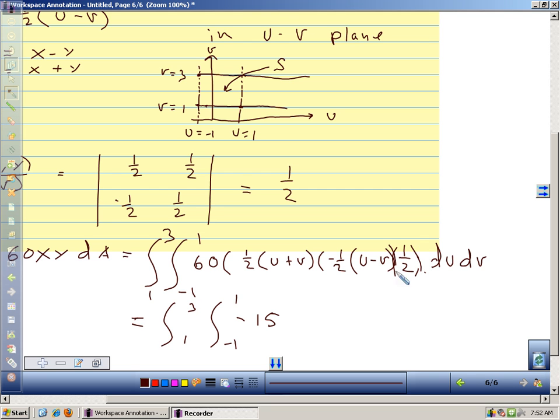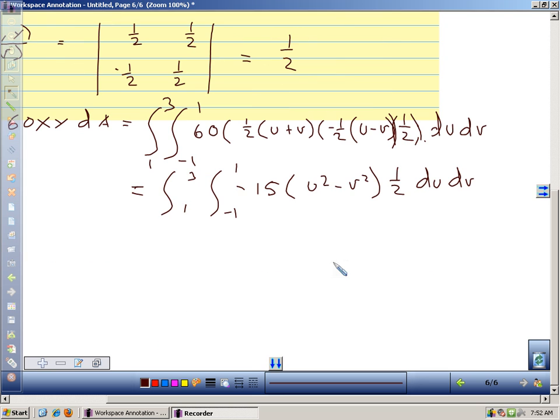Thank you. And this is an easy integral to evaluate. When I evaluate this out, I end up with 120.